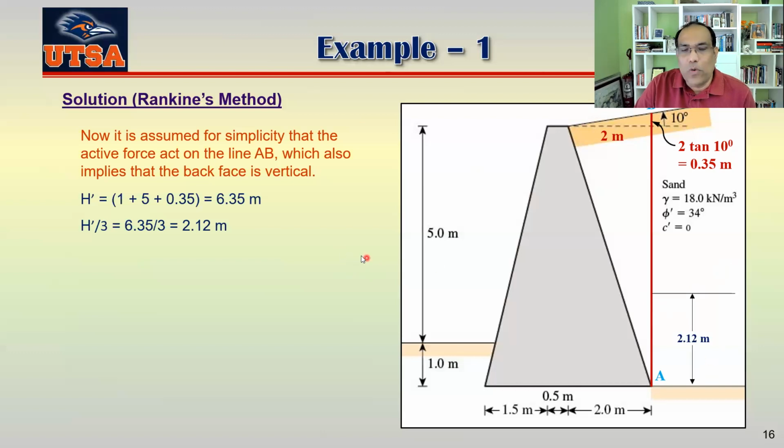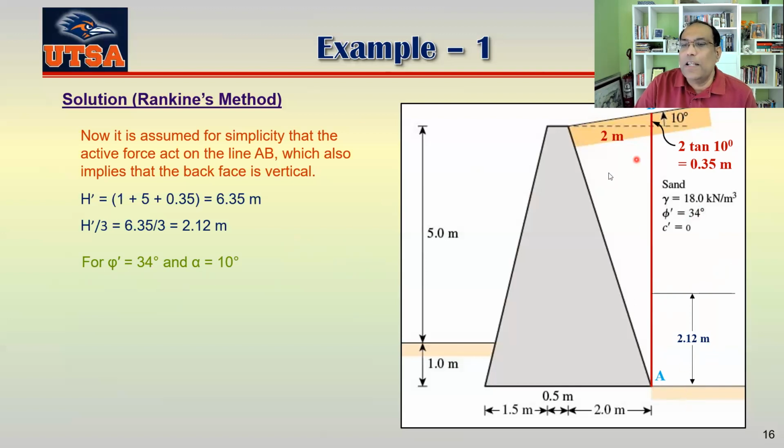So 2.12 from the bottom, and for phi equal to 34 degrees, and your alpha equal to 10 degrees, and your back face is vertical. Be very careful about that.